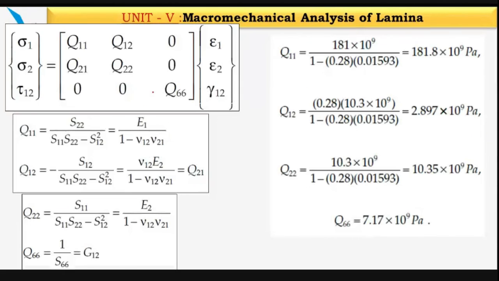If you are able to, then you need not do all these calculations. Directly you will get the inverse of this matrix, with these coefficients at the respective places. Or if you are not able to find the inverse, you can find the respective values by putting in these values. In that case, you have to remember these equations.